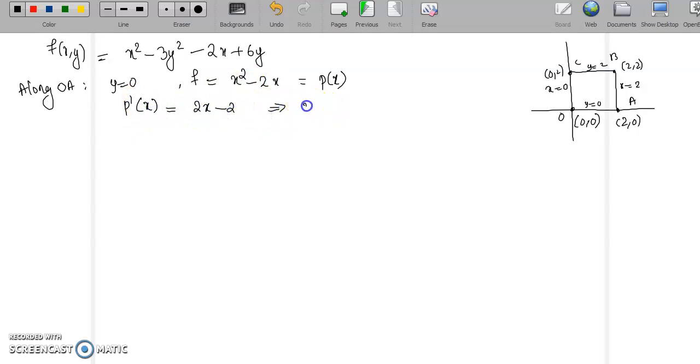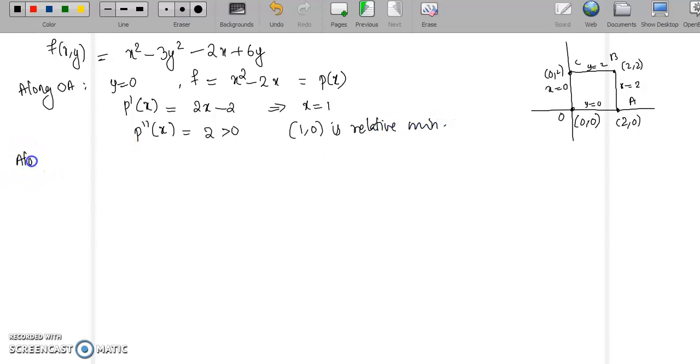So that implies x is equal to 1. So x equal to 1 is a critical point. p double dash of x will be equal to 2, which is greater than 0. Along OA y is 0. So therefore (1, 0) is a relative minimum.